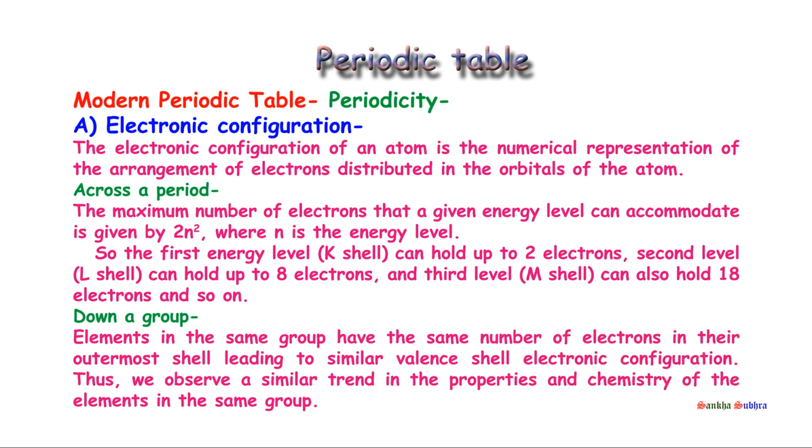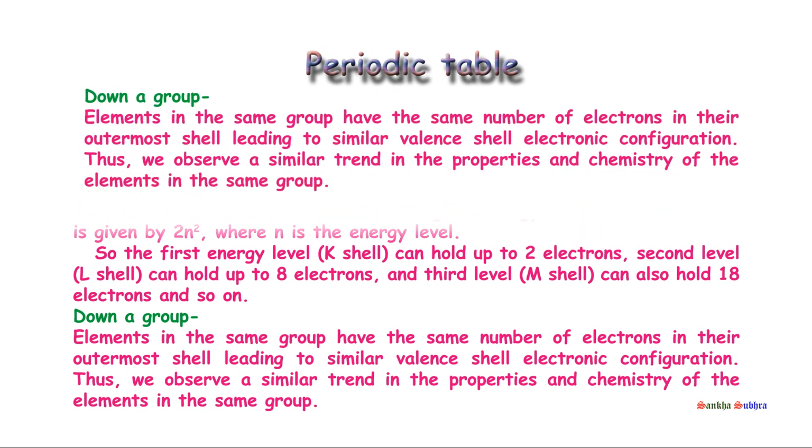Now if we move down a group, then we will observe a very interesting thing. The elements in the same group have the same number of electrons in the outermost shell, leading to the same valency in the electronic configuration.